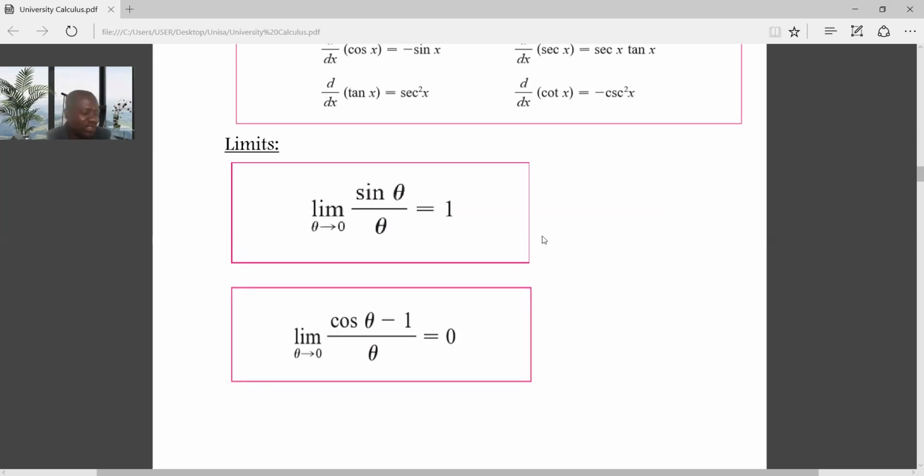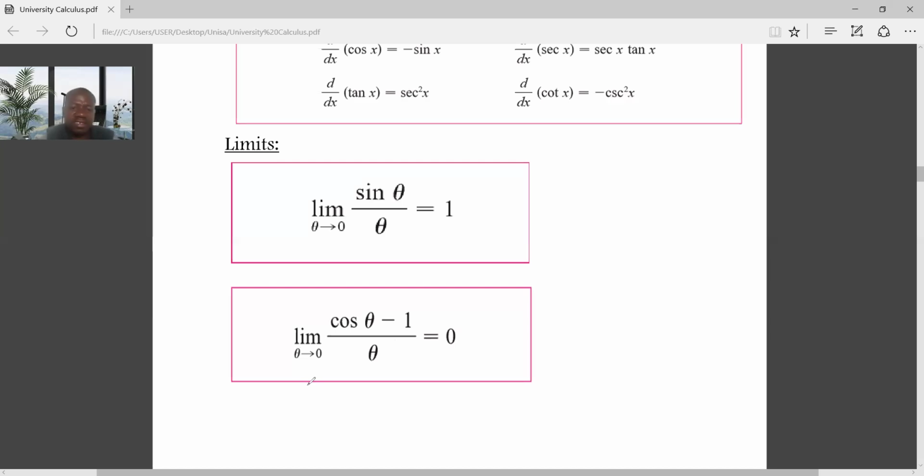The first one says that as theta approaches 0, the closer it comes to 0, the sine of theta over theta becomes 1. So, the limit as theta approaches 0 of sine theta over theta is 1. This is according to the limits.